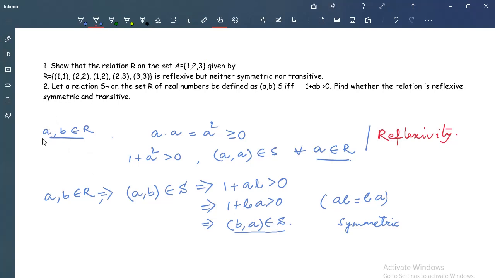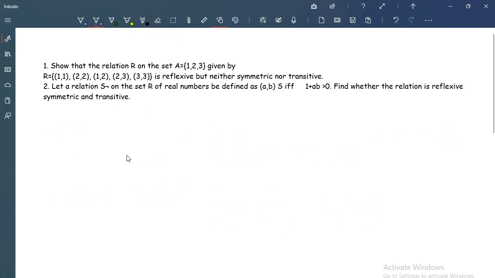Let me take one counterexample. Take 1 and 1 by 3.